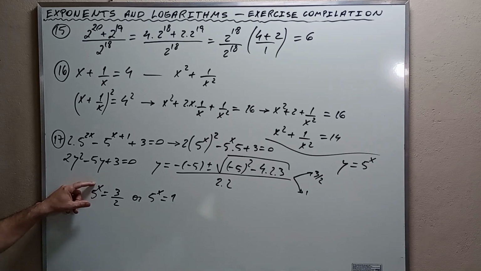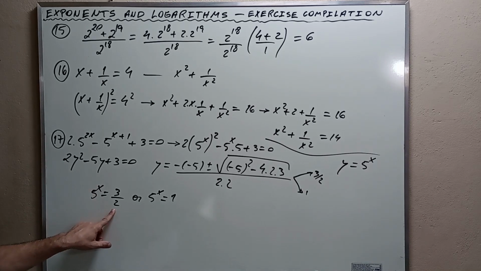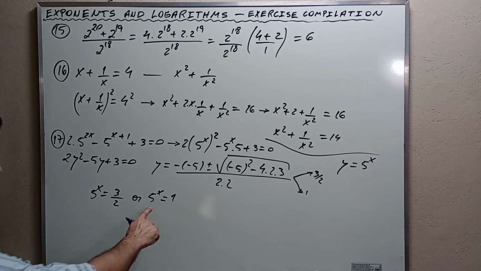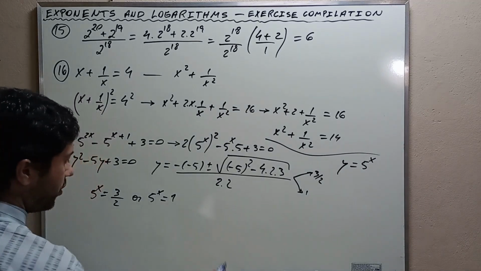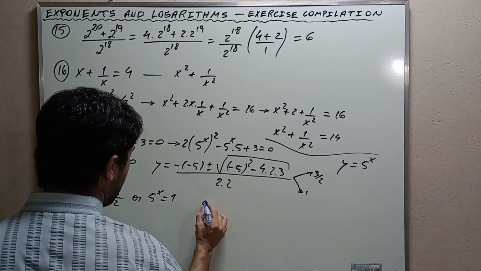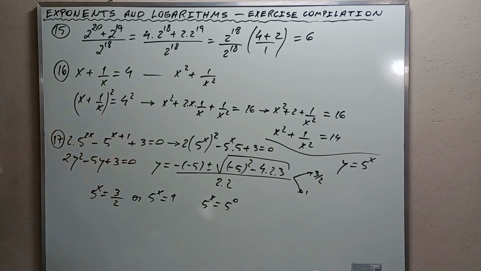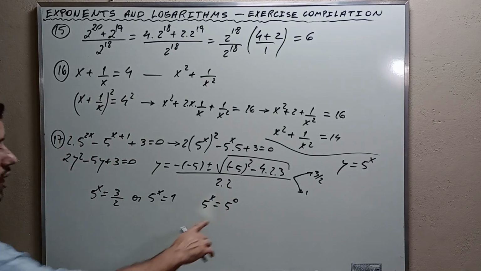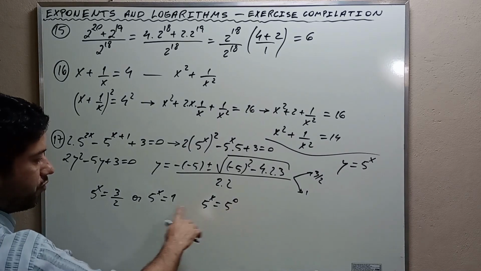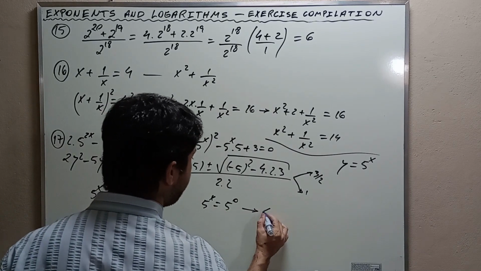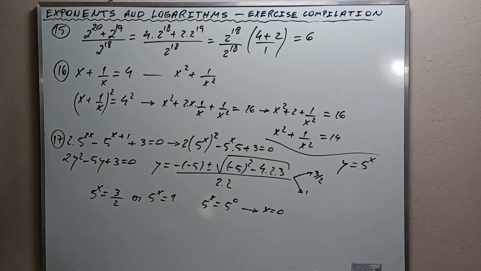If you put in the place of x, we find it returns 3/2. There is no integer solution to this equation here. And the only solution is going to be here. And we know that 5 to the x is equal to 5 raised to the power of 0. Okay, every number raised to the power of 0 is equal to 1, and therefore we find that x is equal to 0. And this is the only integer solution of this equation.